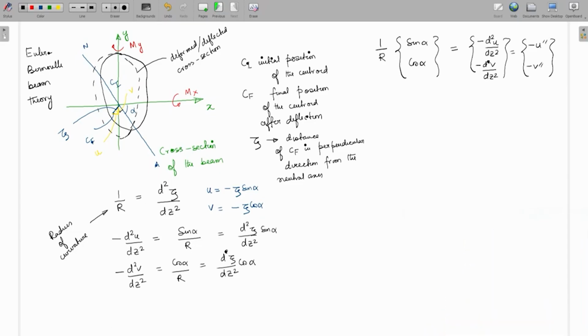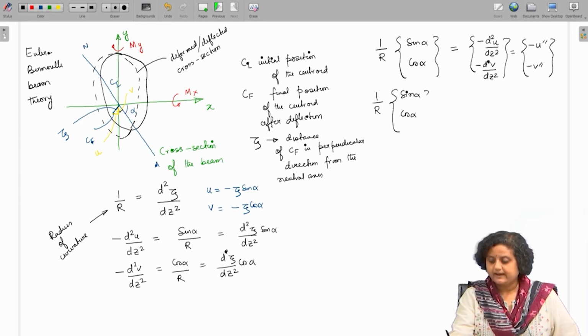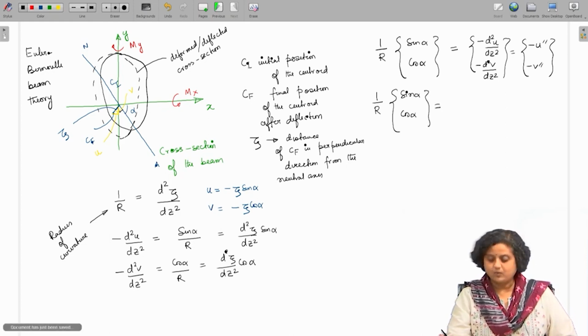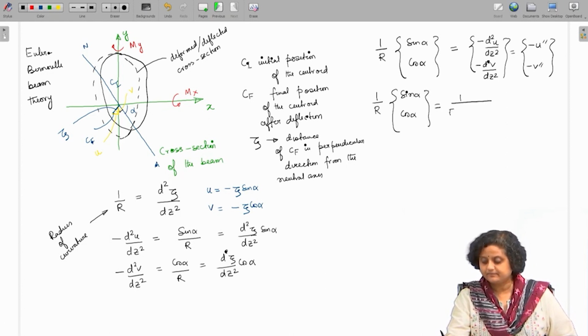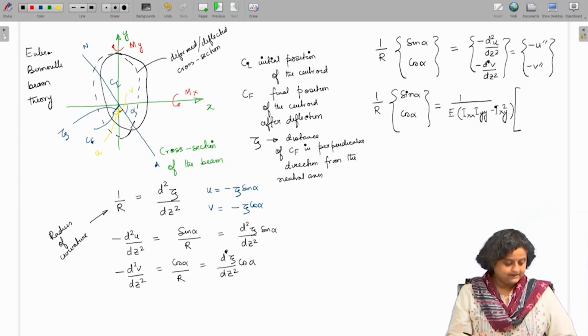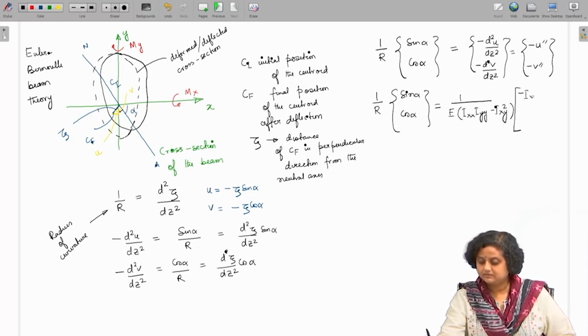Now, from our previous calculations, we have seen that 1 by r sin alpha cos alpha can further be written as 1 by E into minus Ixy, Ixx.